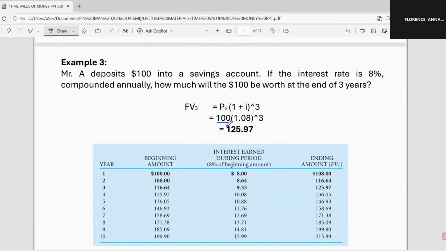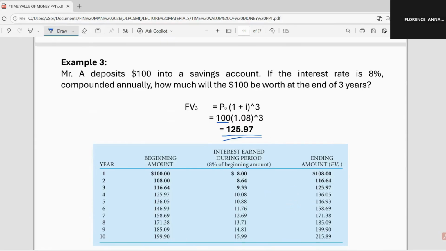So, $100 times 1.08, which is 1 plus 8% raised to 3. 1.08 times 1.08 times 1.08, that is 1.2597 times $100. That's why you get $125.97, your future value at the end of 3 years.